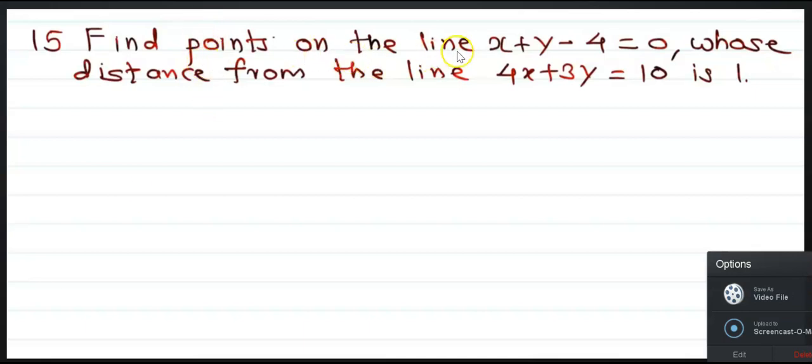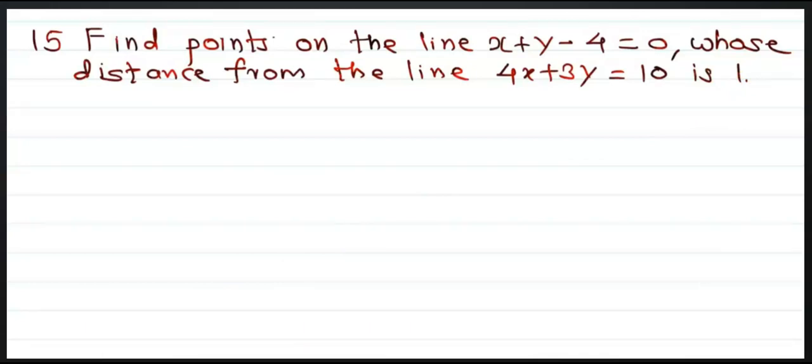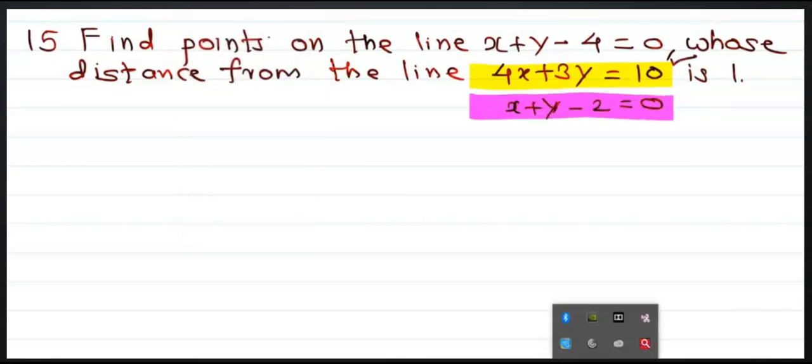Find the point on the line x plus y minus 4 equals 0 whose distance from this line is 1. Now see this here. That is the problem we have changed here. This is in the textbook. It's the correct one.